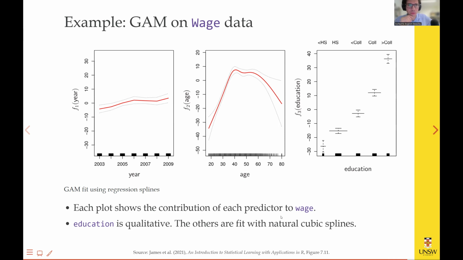Okay, just illustrations from the book. A GAM on wage data where for individual predictors again we've used regression splines. And so we get the following fit for F1 as a function of the year. Same thing, F2.